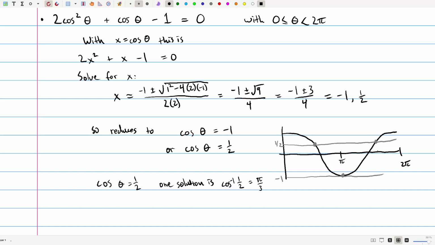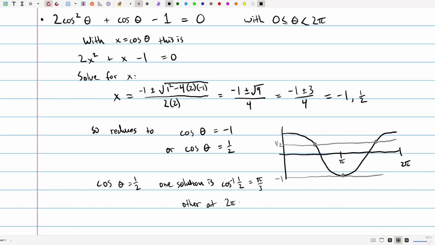And then the next time it happens, it turns out to be 4 pi over 3. We can also do this flipping over argument.